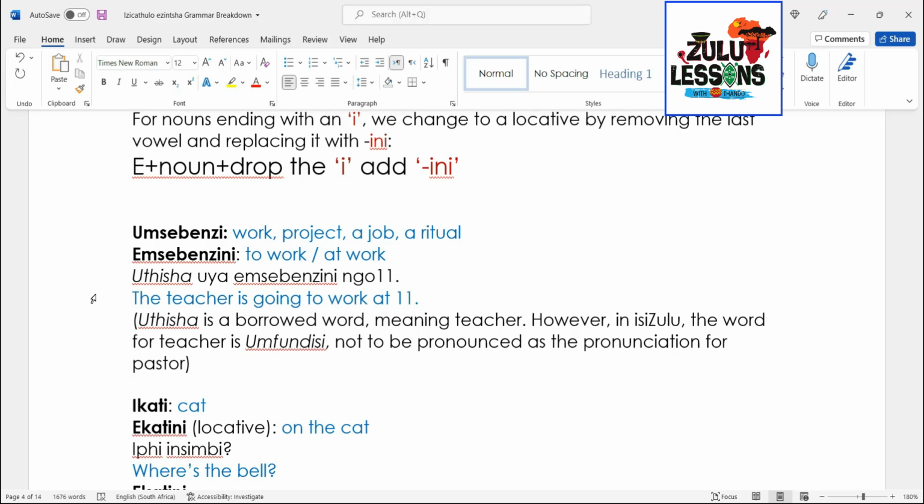Now, I just need to stress this, very important to me. So I will take the time to make sure we understand this. Uthisha is a word borrowed from the word teacher in English. So you would ask yourself, why do AmaZulu use the word uthisha, which is borrowed from English, instead of their own word? I have my own explanation for that.